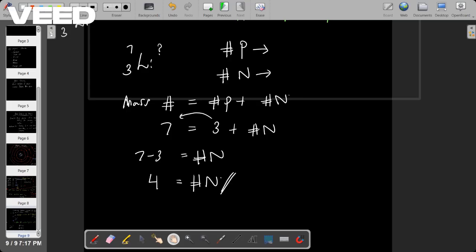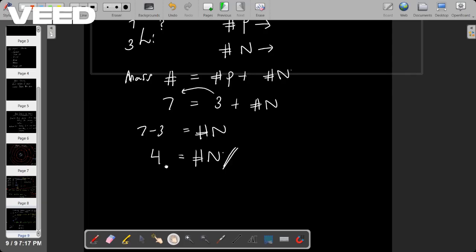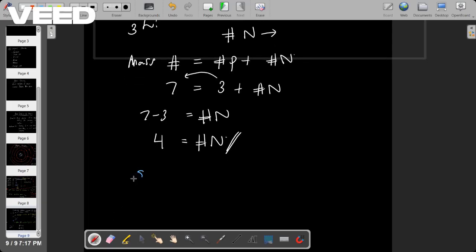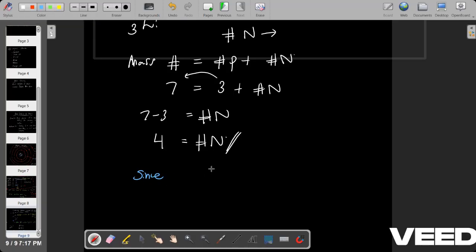Since the atom is neutral. How do you know the atom is neutral?